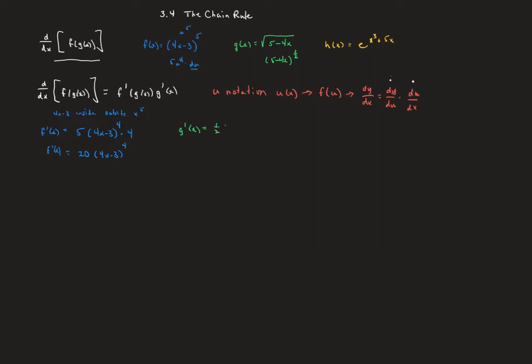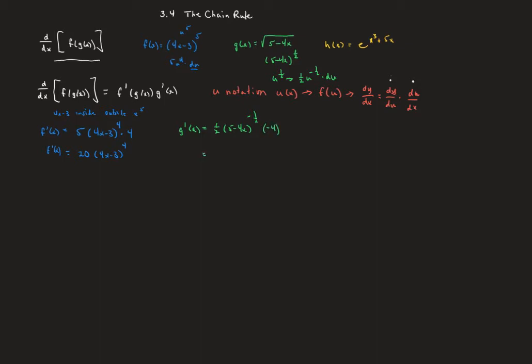derivative of the outside function, leave the inside function alone, or the derivative of, if we think of that as u to the 1/2, then we're going to go 1/2 u to the negative 1/2, and then we're going to multiply by du, or we're going to multiply by that inside function, negative 4.